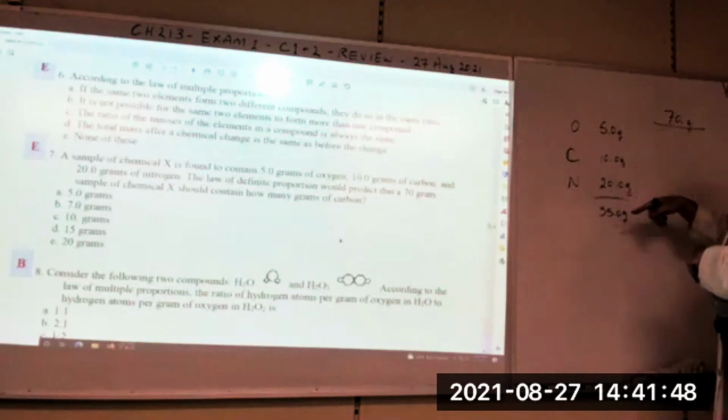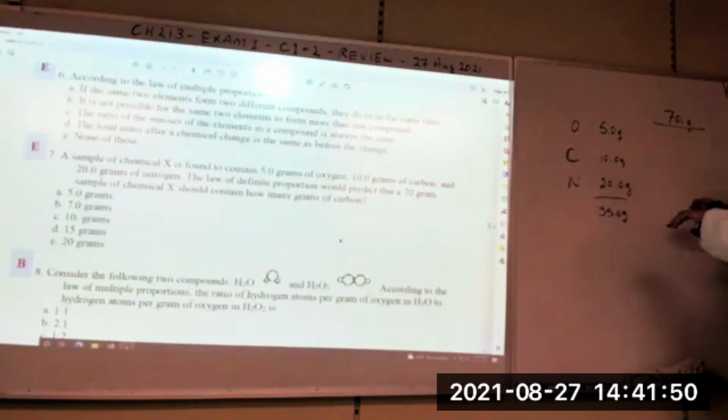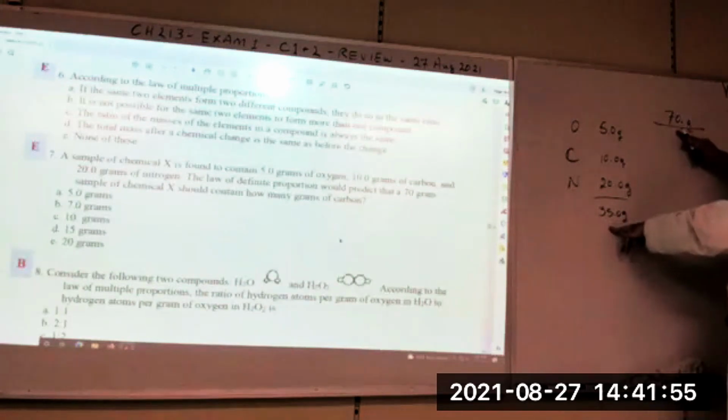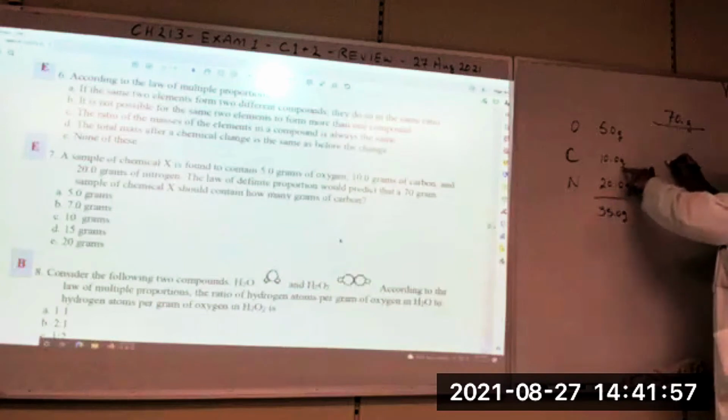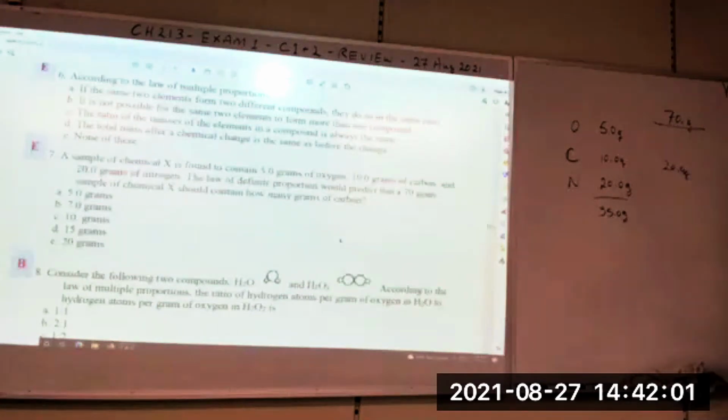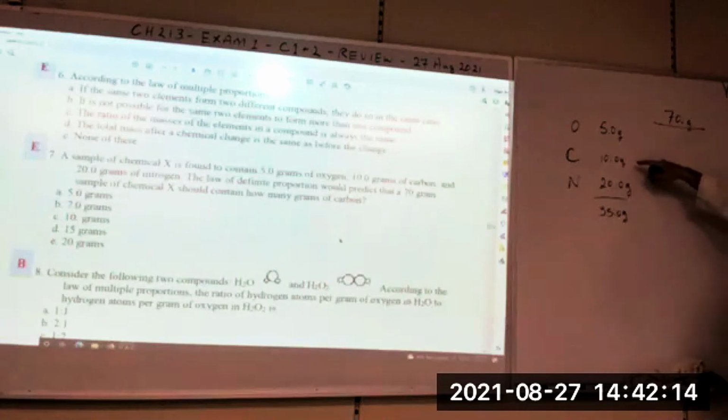So that's the mass of this one. So ratio the carbon to this one. If this is 35, that's twice the mass, right? So carbon should be 20 grams. Definite proportion. Right there. Actually, that should have a decimal right there. Let's see, add these together.